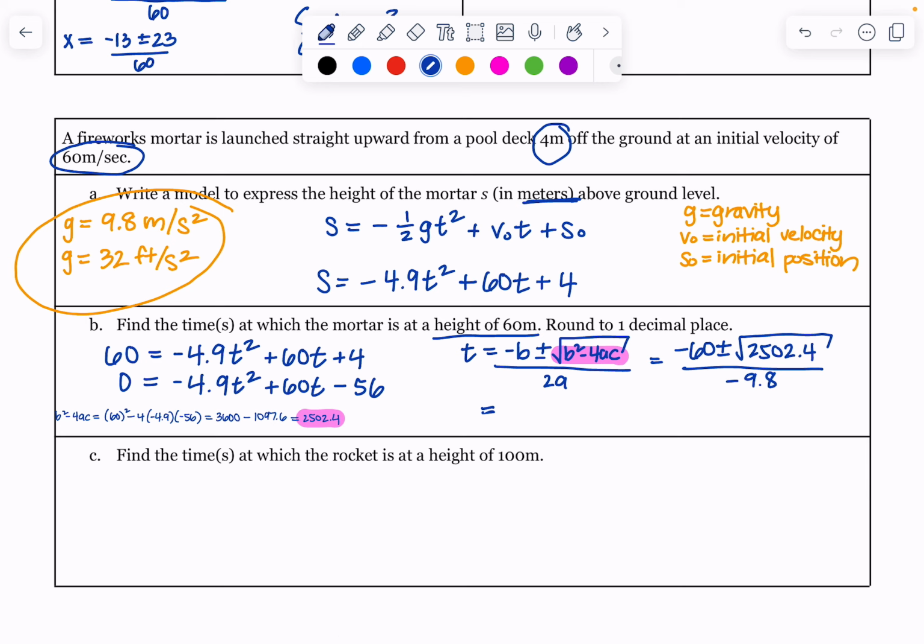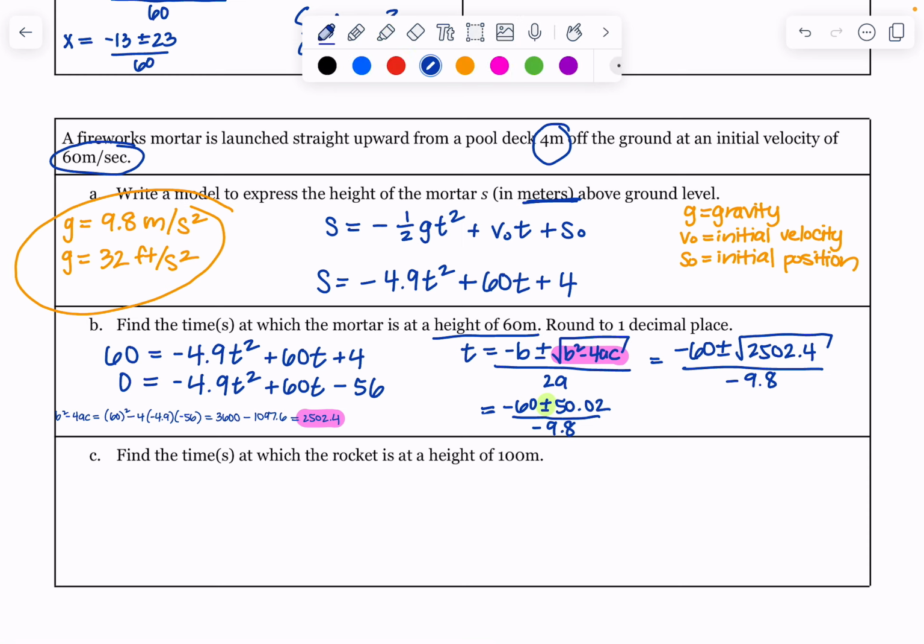We take the square root of 2502.4, and we're going to have negative 60 plus or minus this 50.02 all over negative 9.8. And again, this makes two solutions, one with the plus, one with the minus.